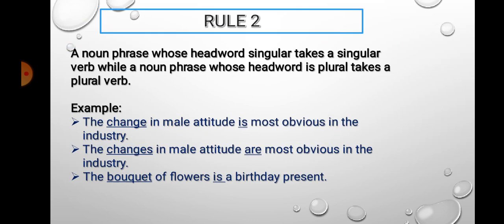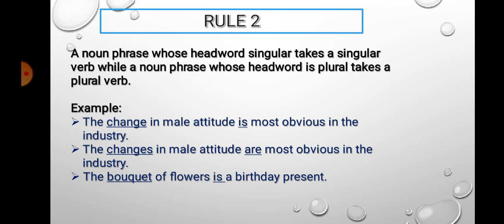Rule 2 says a noun phrase whose head word is singular takes a singular verb, while a noun phrase whose head word is plural takes a plural verb. Example 1 says, the change in male attitude is most obvious in the industry. The head word there is change, and it is singular in nature, so it selects a singular verb, is.